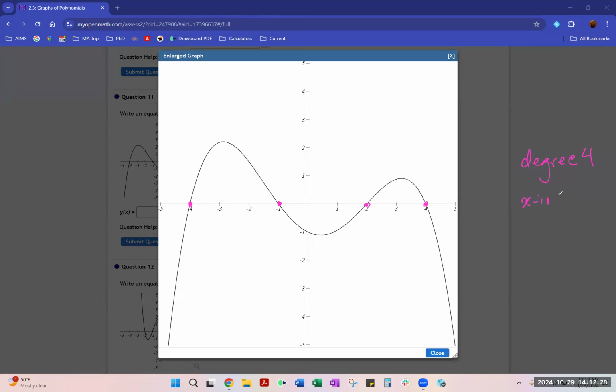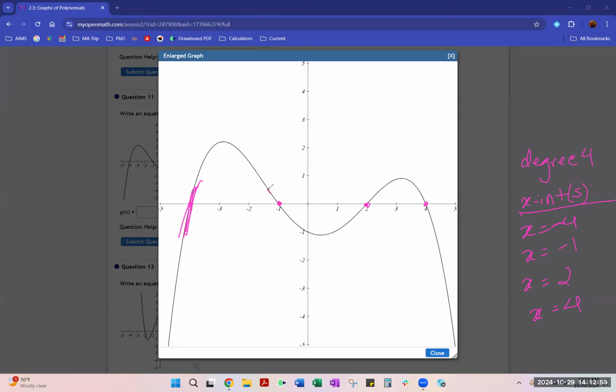So again, our x-intercepts are at x equals -4, x equals -1, x equals +2, and x equals 4. Once you have that identified, then you should see, is your graph crossing the x-axis at these x-intercepts, or does it touch but does not cross the x-axis? Of course, you can see our graph is crossing because you're going on either side of the x-axis, right?